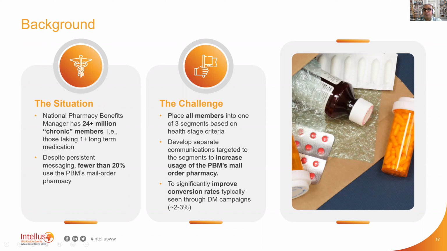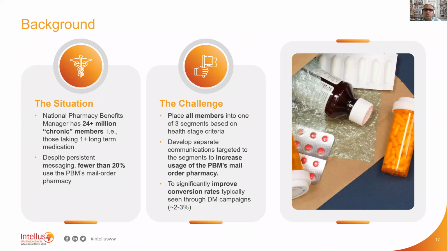And this is after years and years of messaging by an internal agency. Literally, this company had a team of 35 plus people, an internal agency, constantly messaging to people, trying to give them very persuasive reasons why they should switch. It's cheaper, it's more convenient, it's more accurate prescription filling, there are no errors.